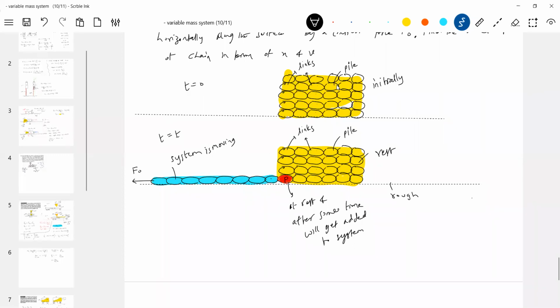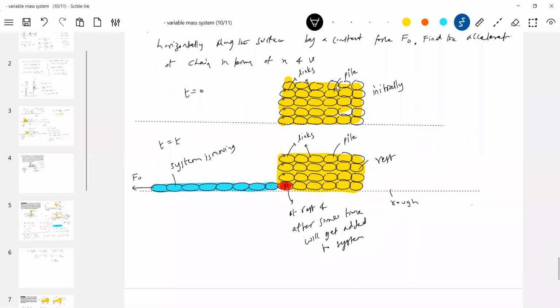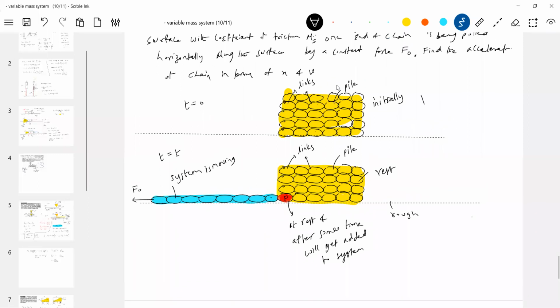Okay, let's calculate the VR now. What is the method for VR? VR is the velocity of P with respect to the system, equal to velocity of P minus Vs. Velocity of P is 0. Velocity of system, let it be V. In what direction?